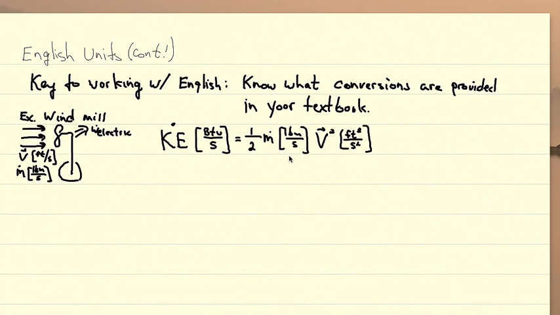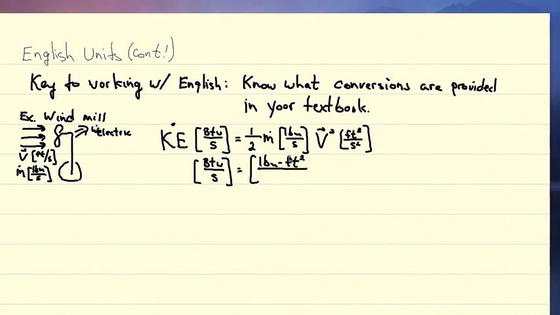Okay, so when I do a unit analysis of this, we have on the left-hand side BTU per second, and on the right-hand side, some really goofy units of pound mass feet squared per second cubed.